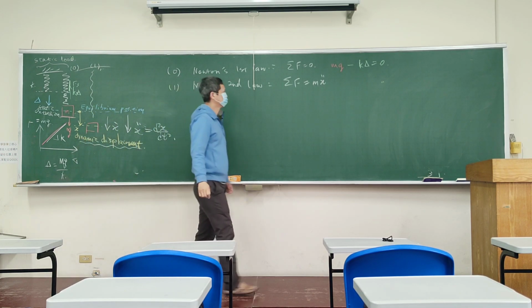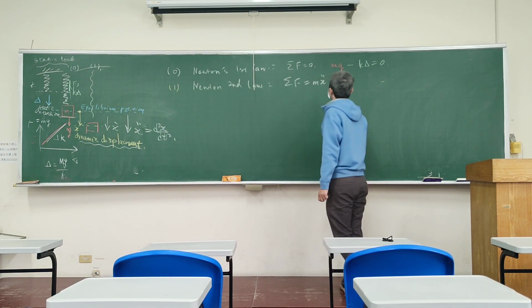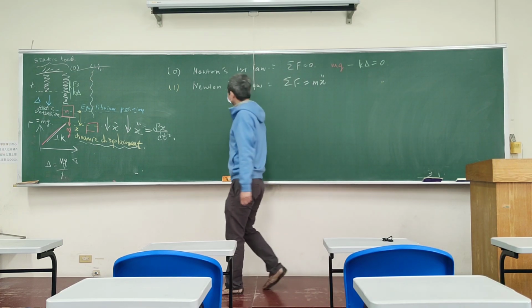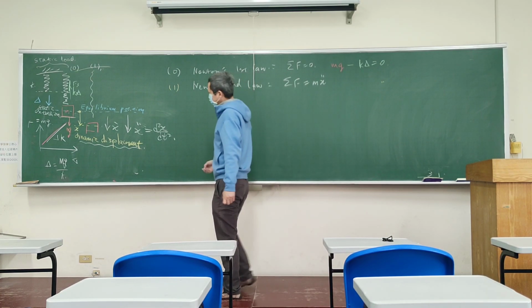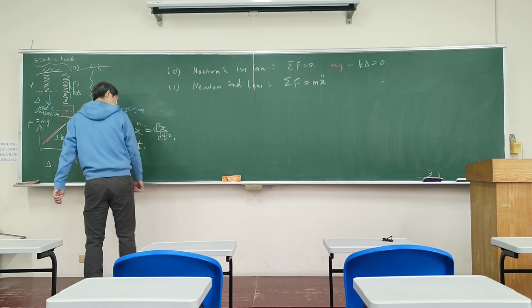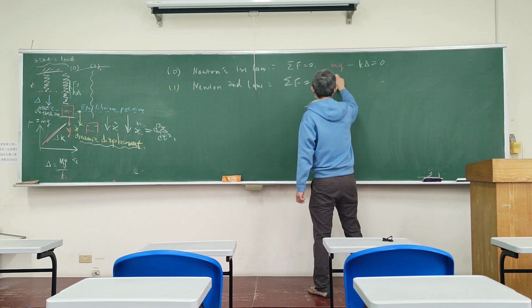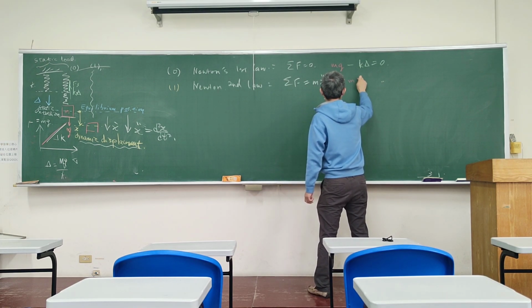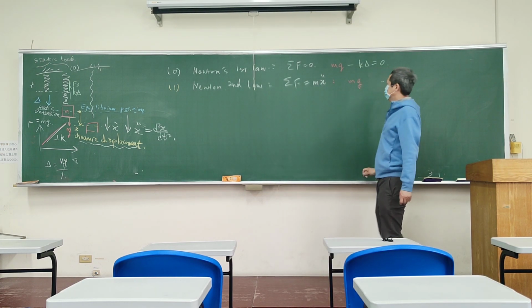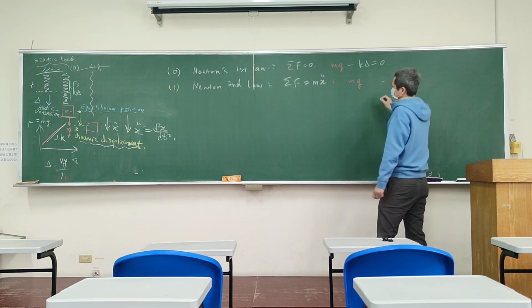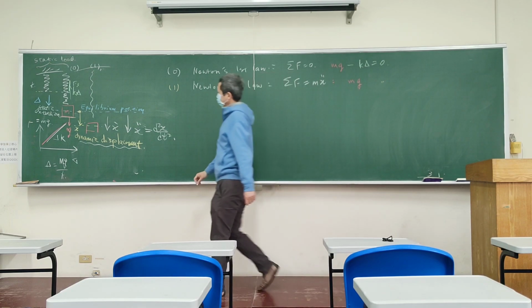And then, what are the forces? Is the weight removed? No, the weight is never removed. So then you're going to have weight there. Is the spring force the same? The spring extension is how much?